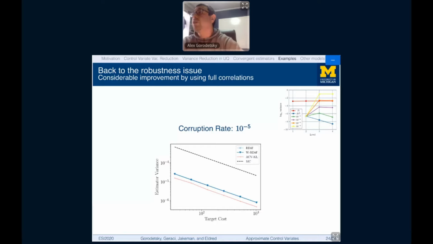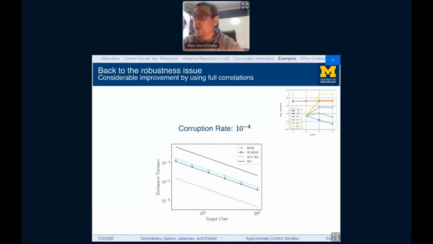Then we corrupt 1 out of every 100,000, then 1 out of 10,000. We see that the ACVKL approach, which is not recursive, is able to maintain good variance reduction, while recursive strategies now begin to suffer because, again, the information is only passed across the levels, through the hierarchy, from the least correlated to the most correlated models.